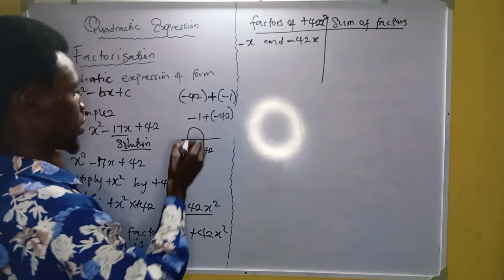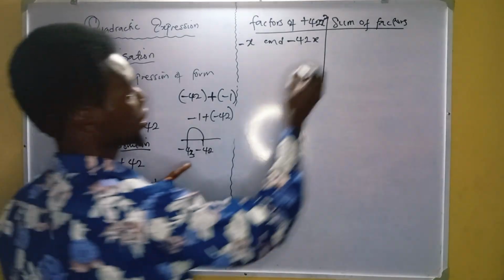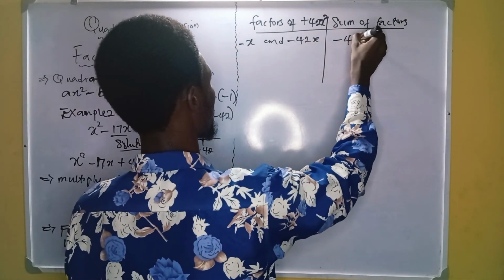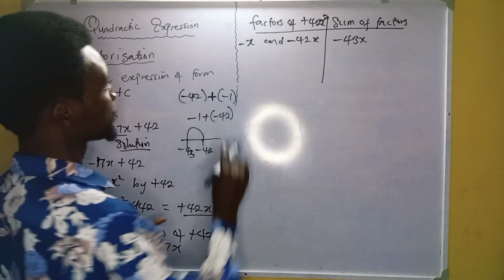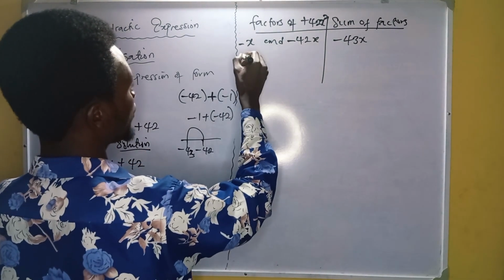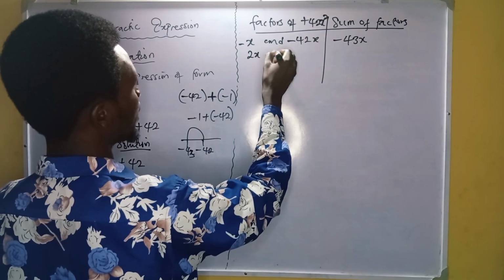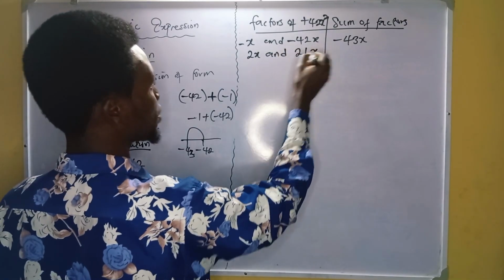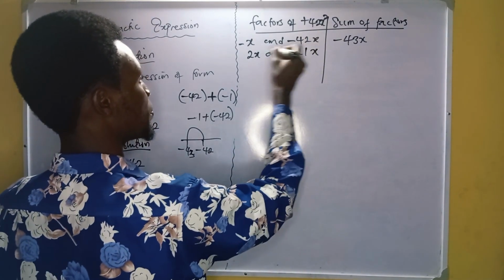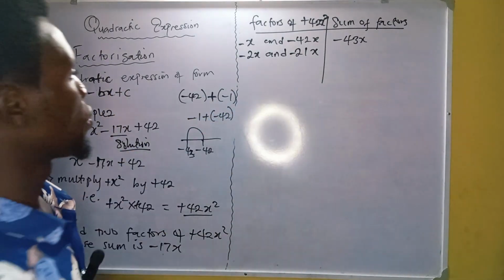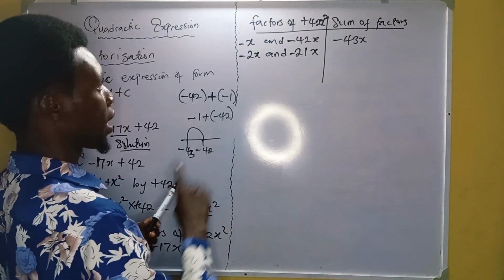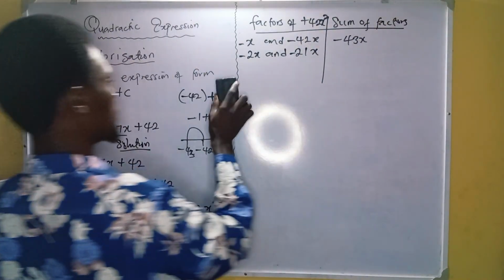So if you move this way, you'll get minus 43. All right. Also, 2 and 21 will still give us this. Remember, both of them will be negative. So if you multiply this together, you are having 42x squared.